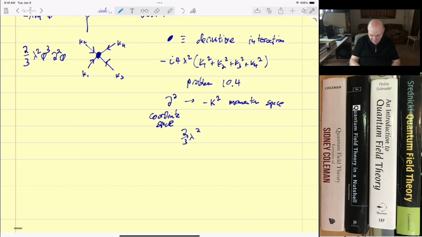But we still have the remaining 3 fields. We have 3 factorial reorderings that we can do there, times 6. We always multiply by the I. Actually, we multiply by a minus I.